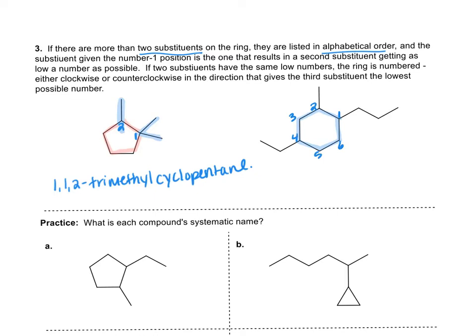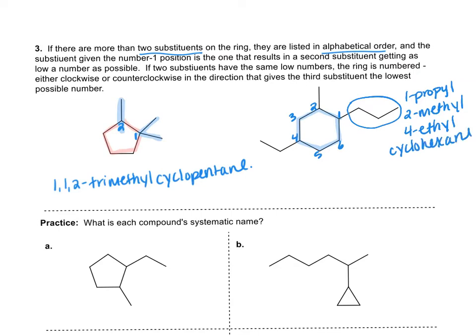And I would just make a list because sometimes we lose track of things. So in number 1 here, we have a propyl. Number 2, we have a methyl. Number 4, we have an ethyl. And our parent is cyclohexane.